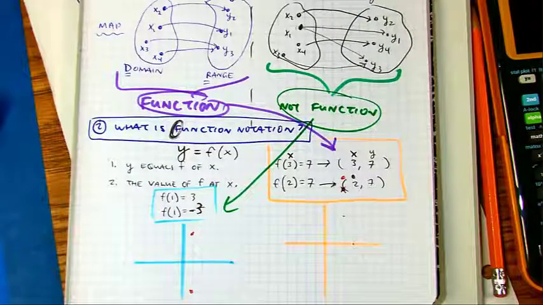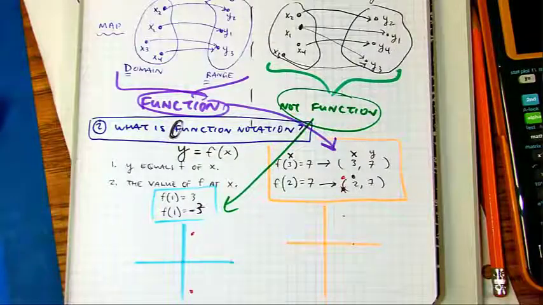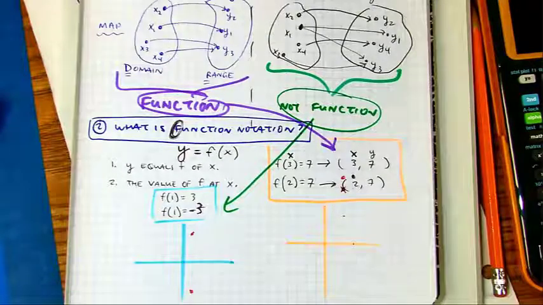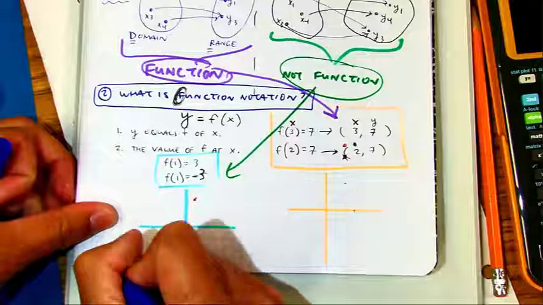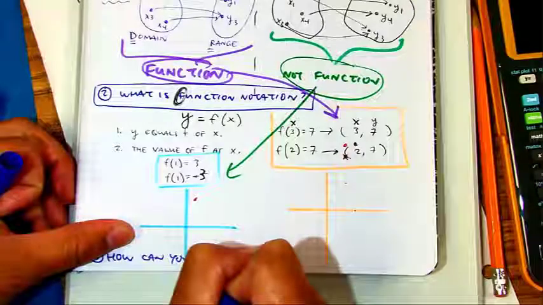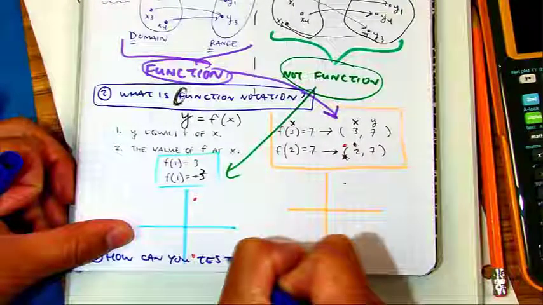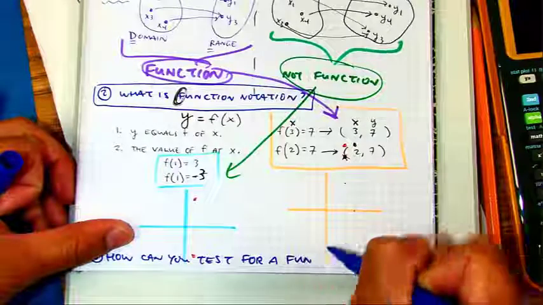What's the test called? Yeah, wow. I'm going to have to teach you. How can you test for a function? Now, it is important. It's not just a line test. What kind of line will I be using?